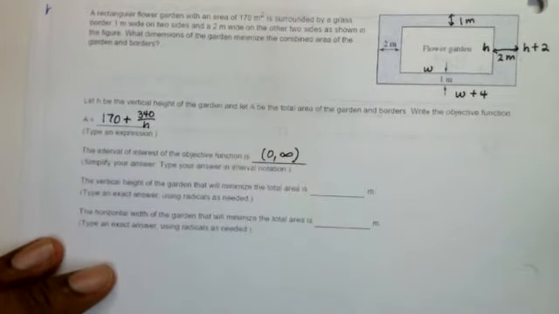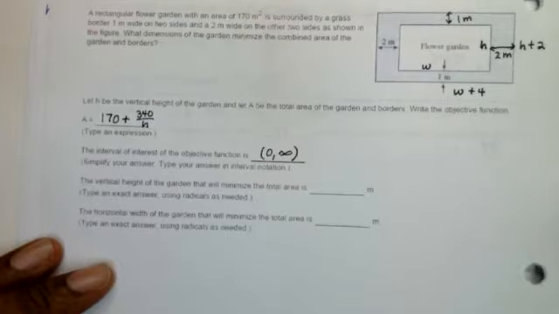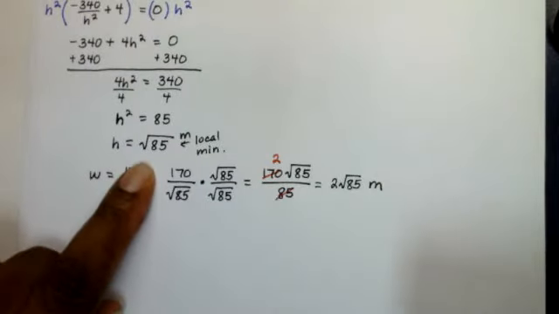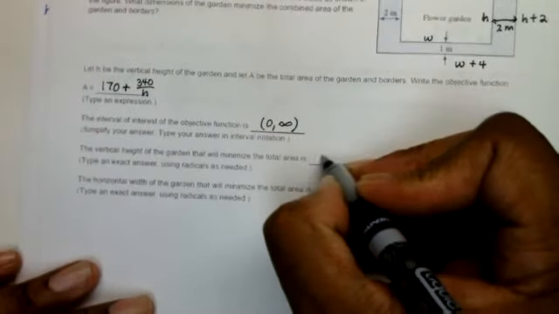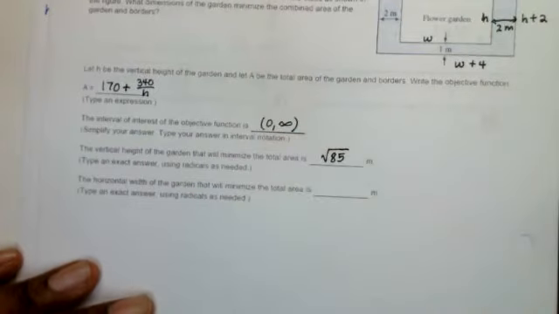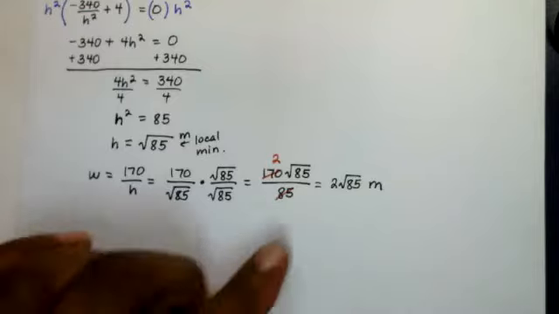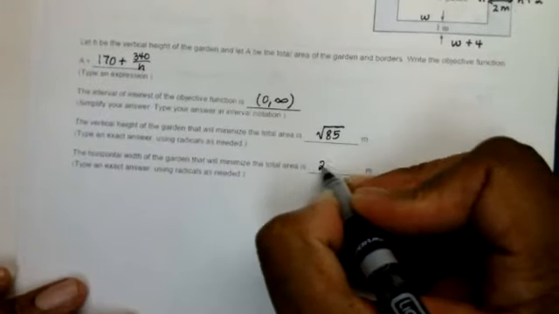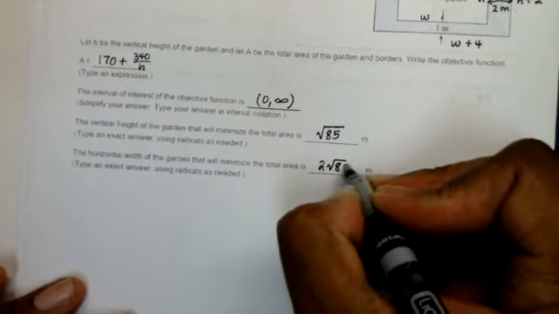The vertical height of the garden that will minimize the total area, we found that out to be, in this case, the square root of 85. And that's in meters. And the horizontal width of the garden that will minimize the total area will be 2 times the square root of 85 meters.